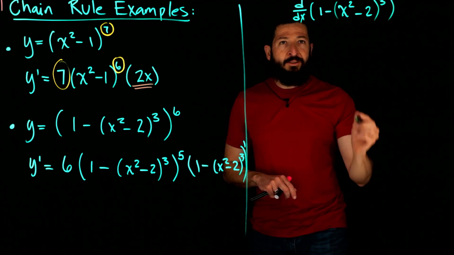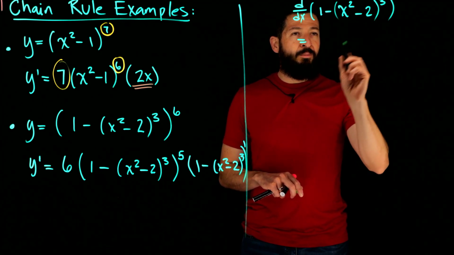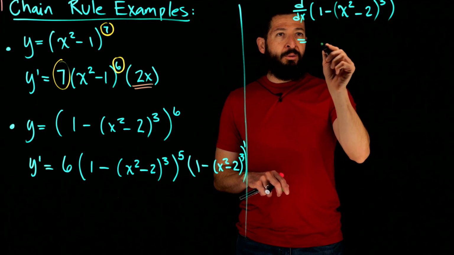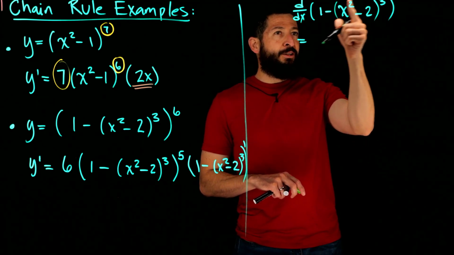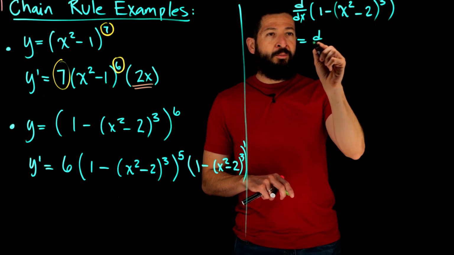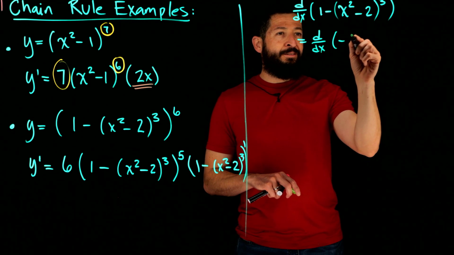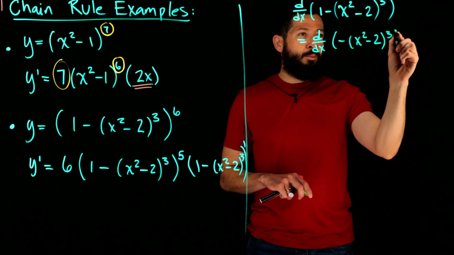You see, when you take this derivative, you get, ooh, I cut off the 3 there. You take the derivative of the 1, which gives you a 0, and then you have the derivative of this expression here, right? So this is going to be just the derivative of negative x squared minus 2 cubed.